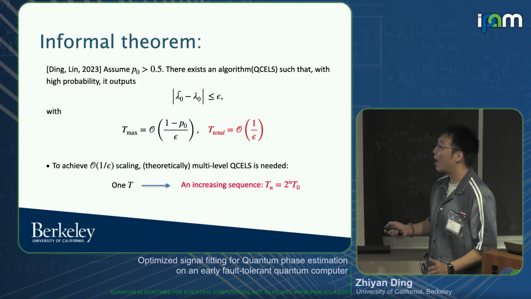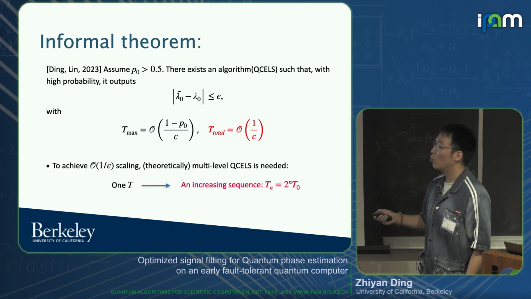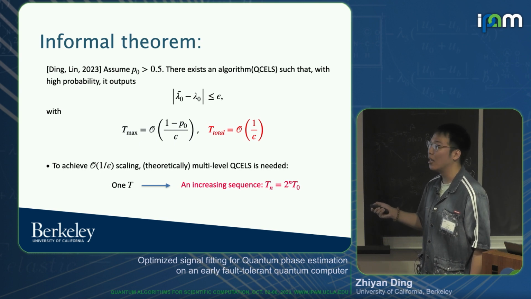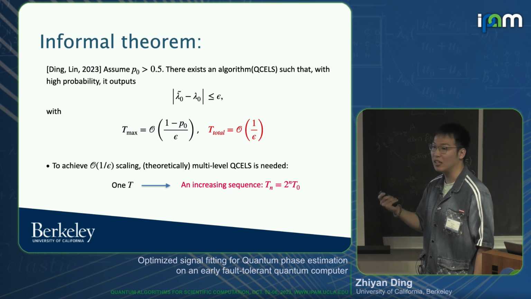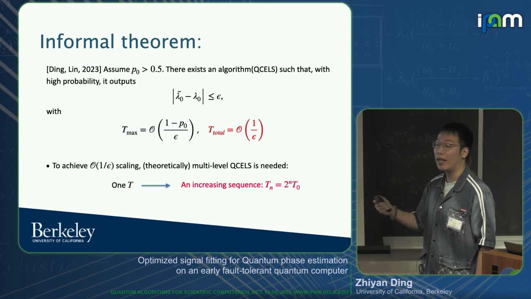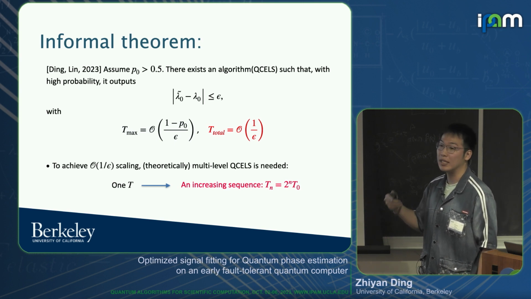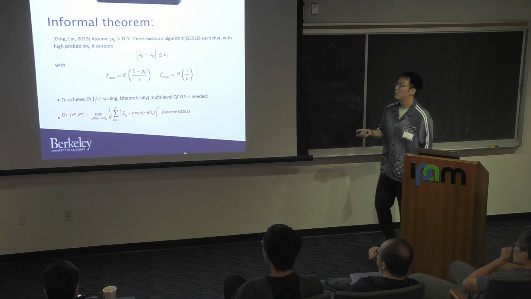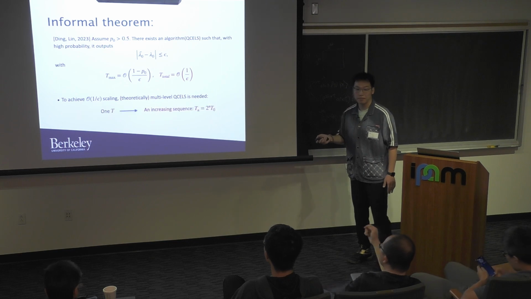But I want to emphasize that I believe this is just a technical problem in our theoretical analysis. In real applications, you only need to run it with one capital T, and the algorithm will always succeed.